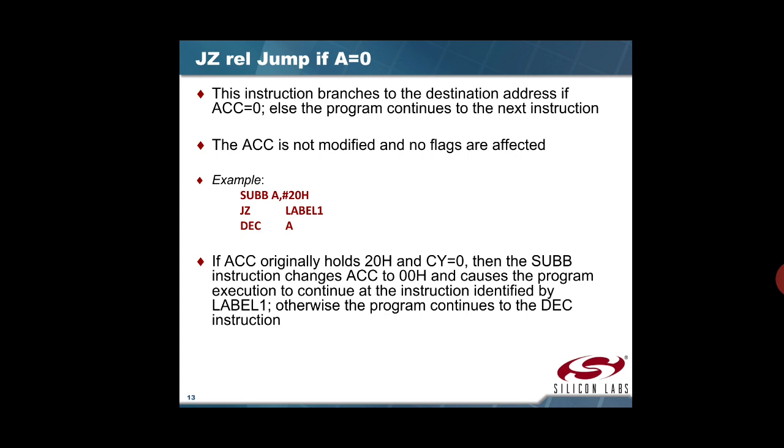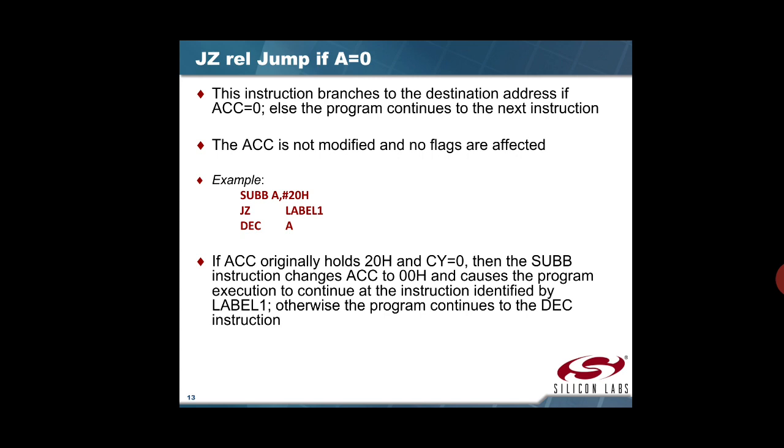Jump on zero, JZ, means jump if the content of the accumulator is equal to 0. It will go to the specific label if the content of the accumulator is 0. Let us take an example: SUBB A, 20H subtracts 20H from the content of the accumulator.